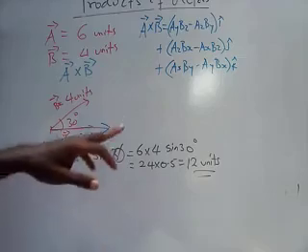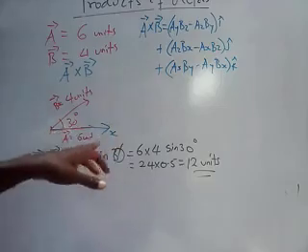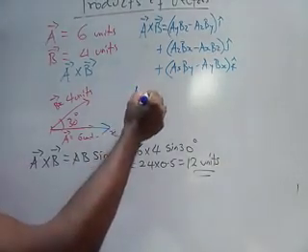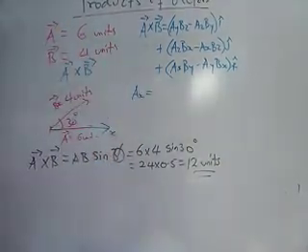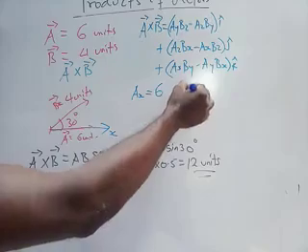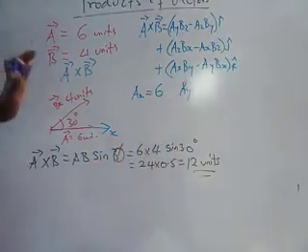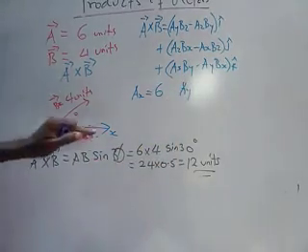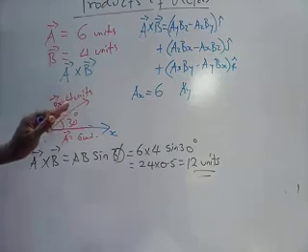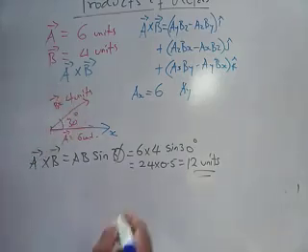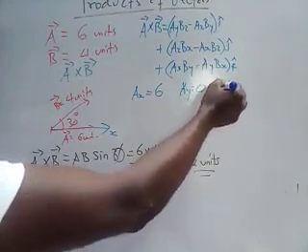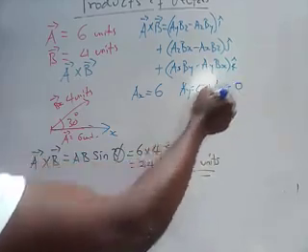Our AX, A in the x direction, is 6. What is AY? A is directed along the x-axis. It's B that is in the xy plane. That means AY is 0, and AZ is also 0.